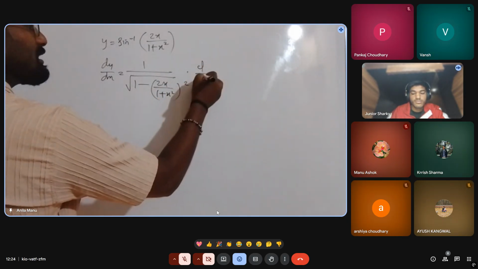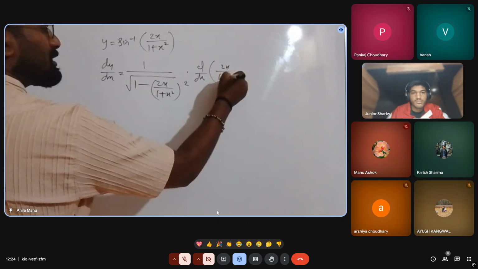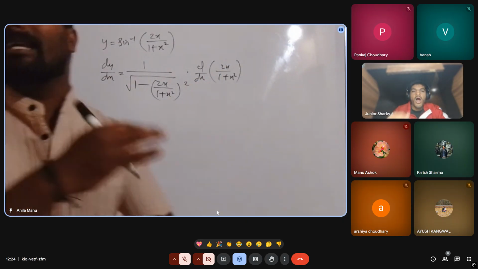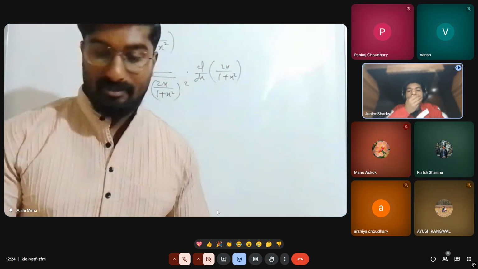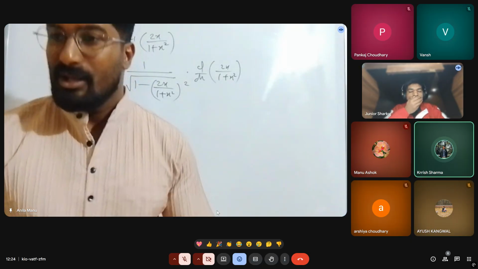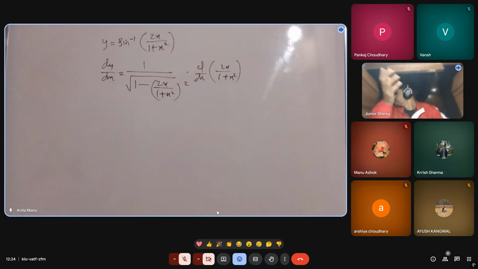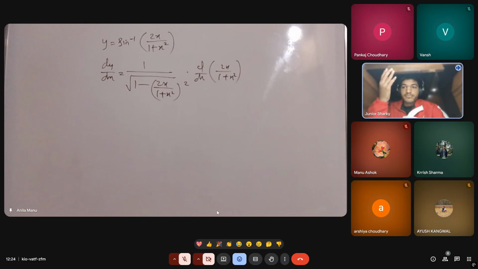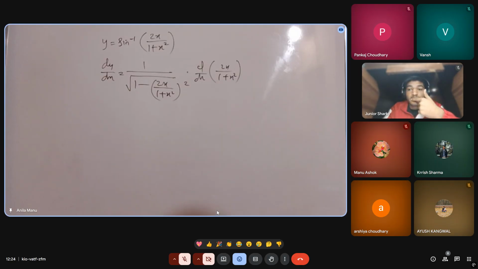Then differentiate 2x divided by 1 plus x square. This is a tedious process, it's very lengthy. Getting understood? So you don't follow that method here. That is a tedious process. So how to solve it?